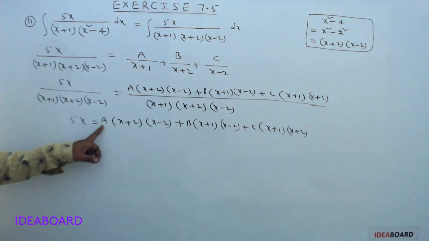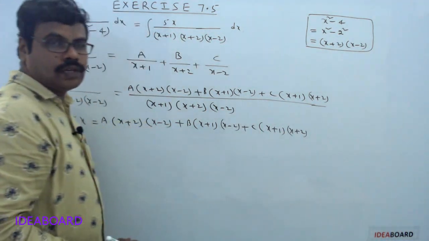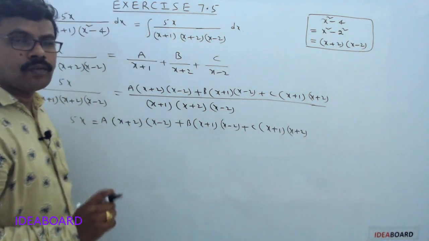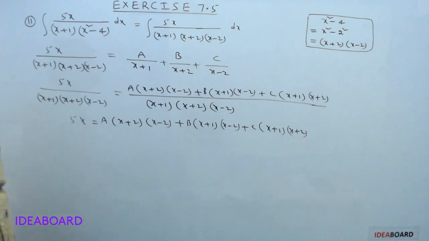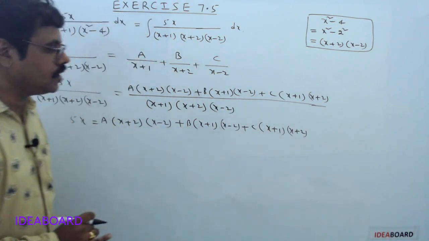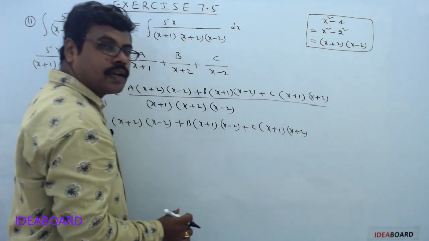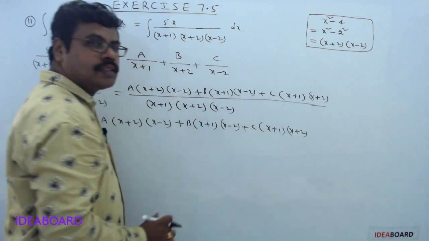Here, to find the value of a, make the second and third terms 0 simultaneously. Observe that x plus 1 is the common factor for the second term and third term.